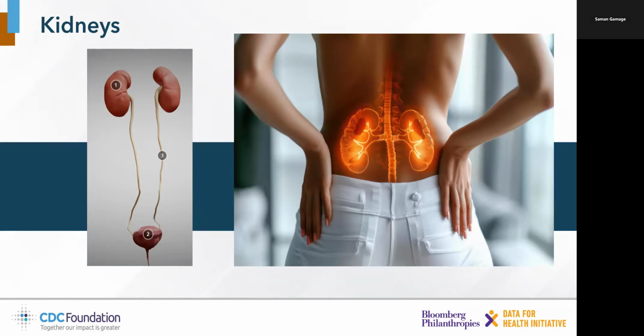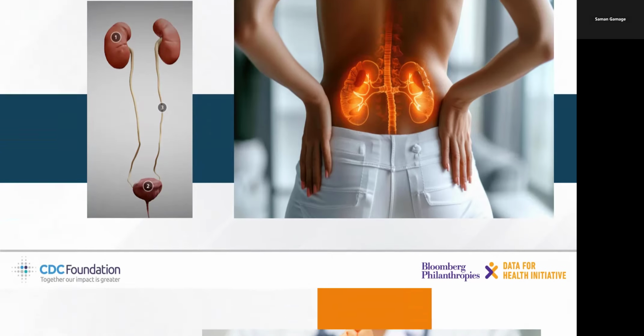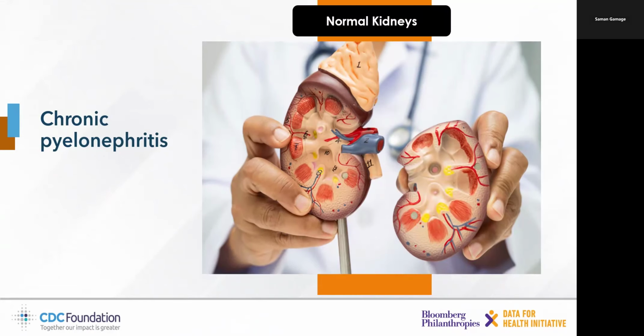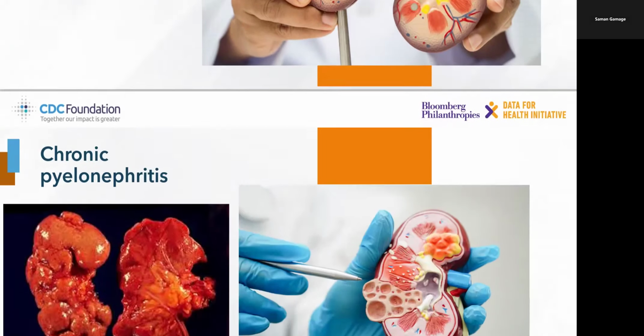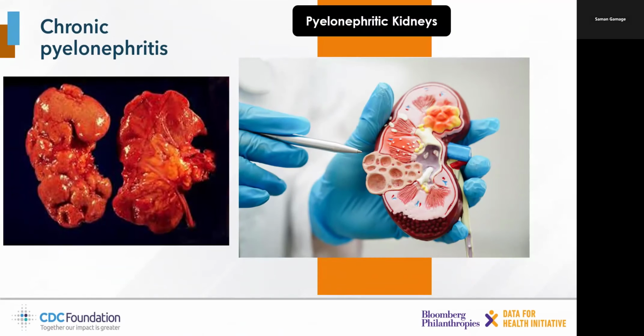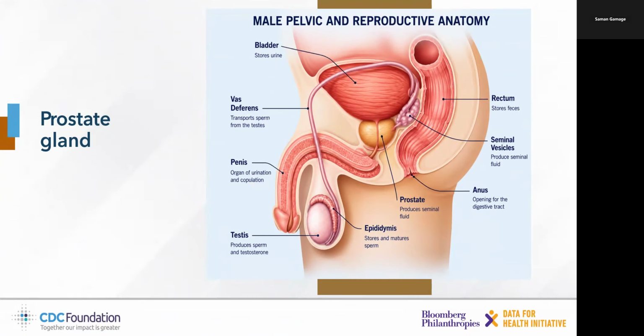And we discussed kidneys, at least a condition arising in the kidney, chronic pyelonephritis. And these are normal kidneys. And here you can see pyelonephritic kidneys, kidneys damaged by pyelonephritis. And in the case history, we talked about the prostate gland.